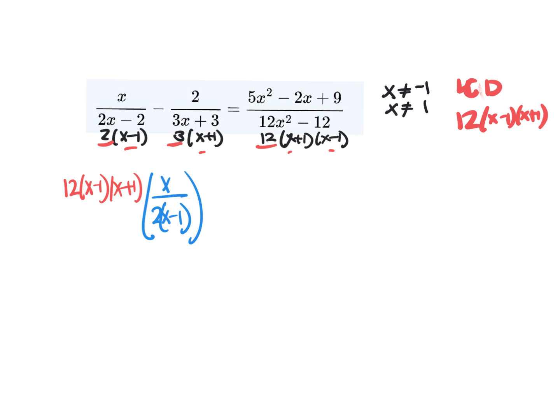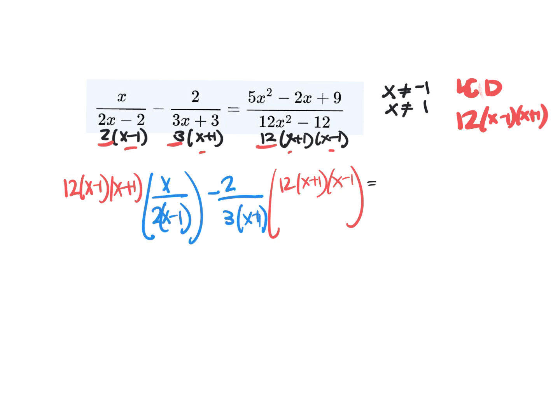And then I'm going to take and multiply this second part of the fraction here times the lowest common denominator, 12 times x plus 1 times x minus 1.